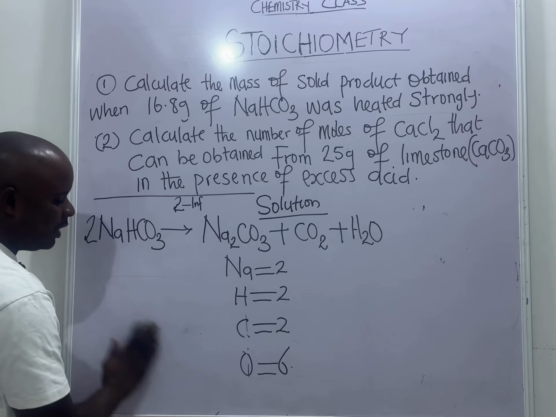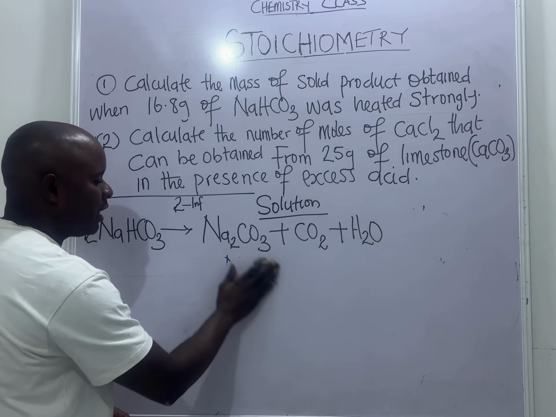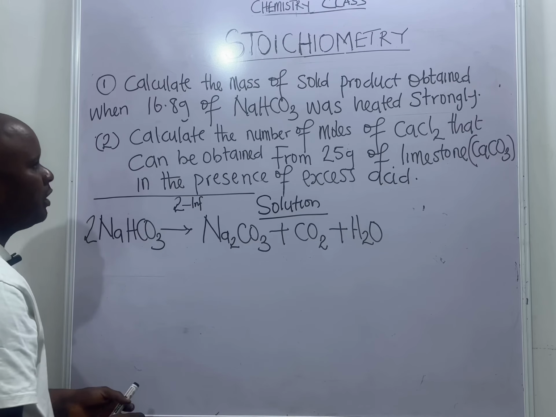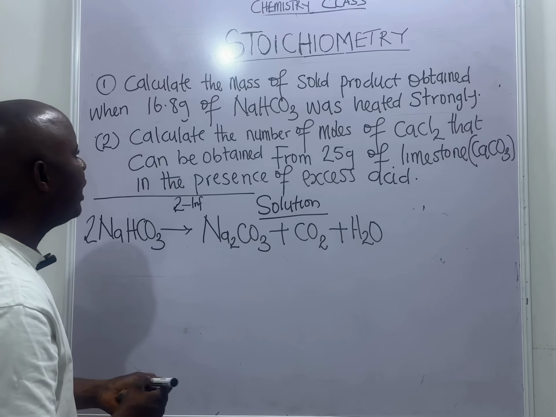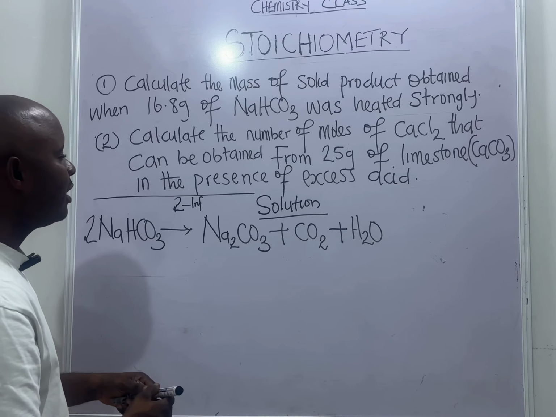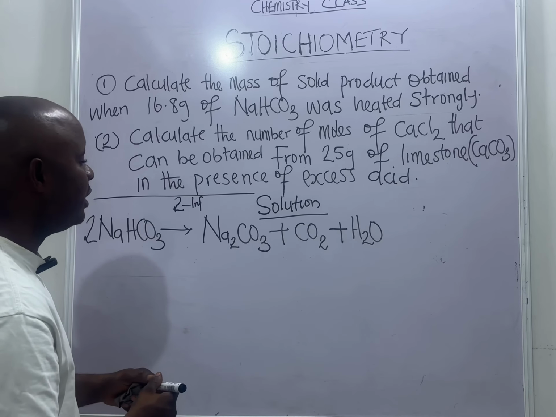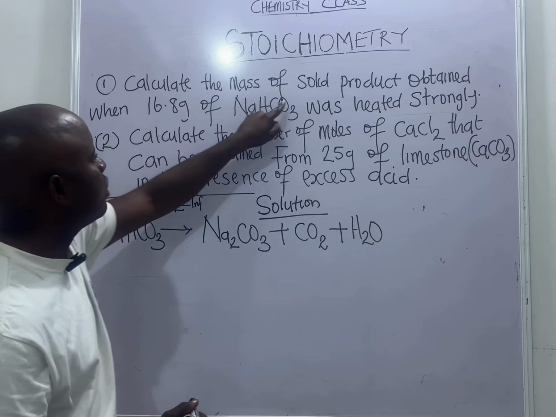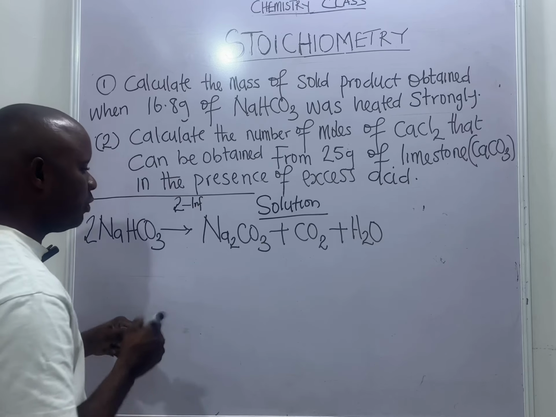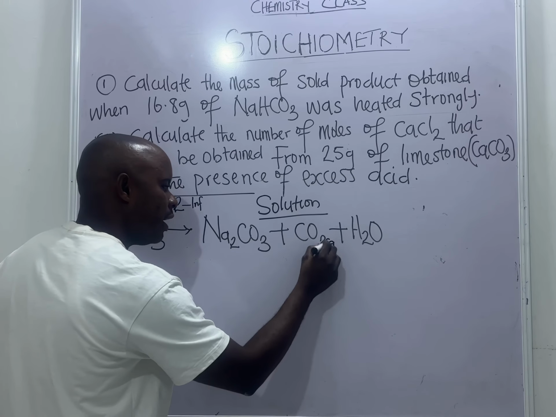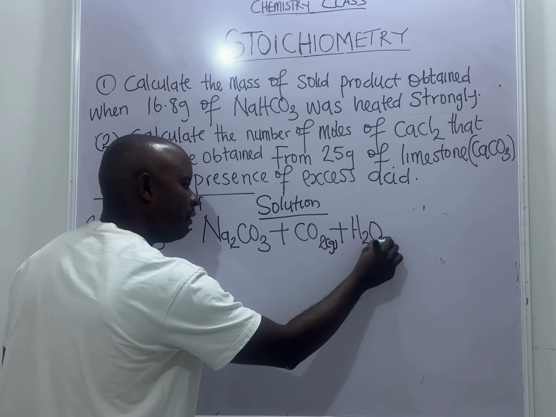Having obtained a well-balanced chemical equation, we make reference to the question again to know the compounds that are required in this calculation. Calculate the mass of solid product obtained. If you check here, this is a gas, and this is a gas.